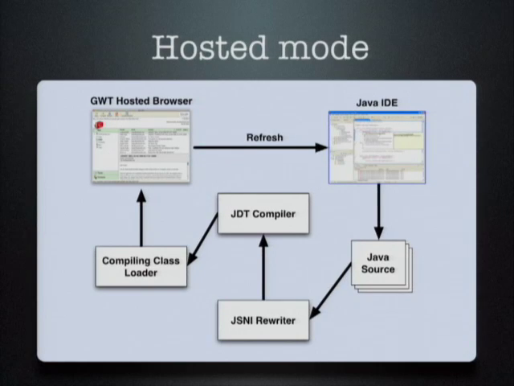If you start at the top left with the hosted browser, that is driven by objects from this compiling class loader. The compiling class loader gets a request for a class from the hosted browser, and then it asks the JDT compiler, which we host internally. Thank you, Eclipse.